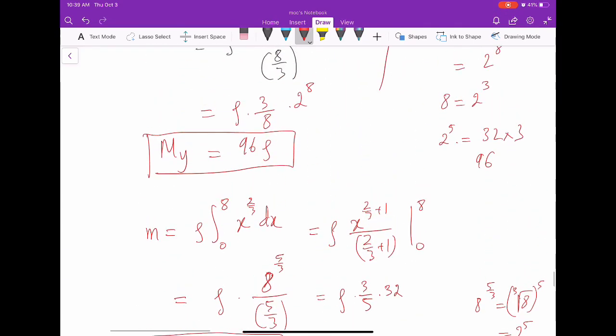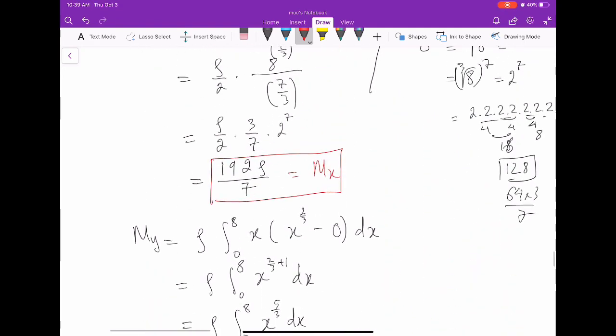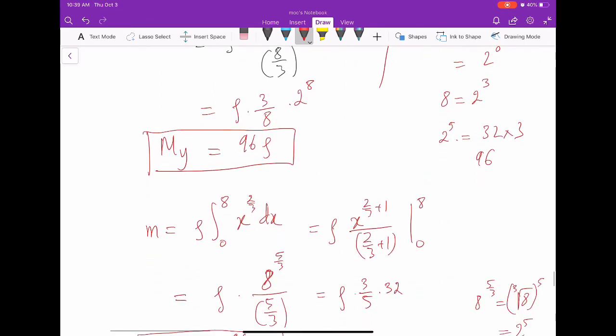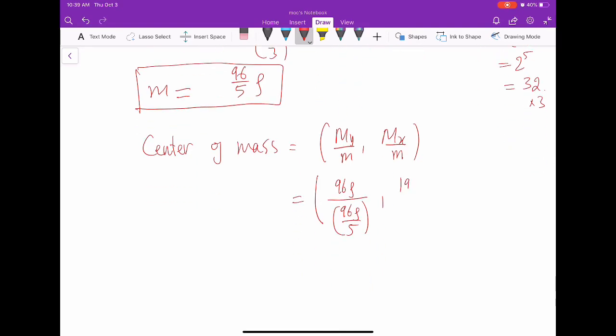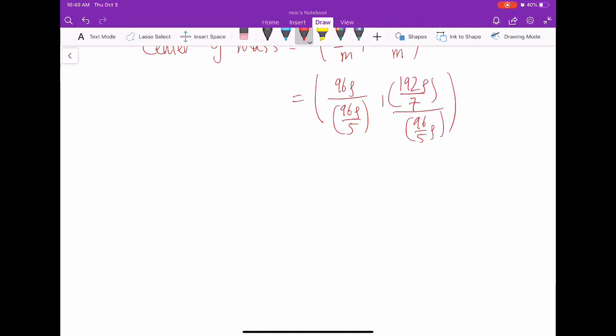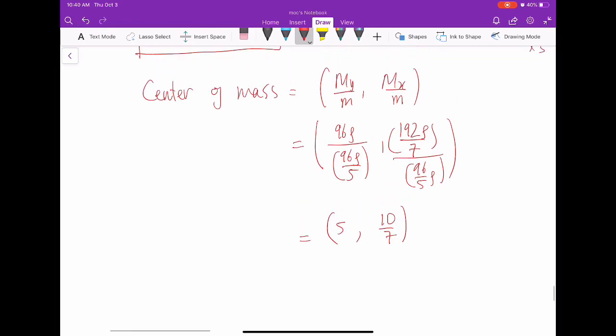And mx is 192 rho over 7, and then divide by 96 rho over 5, right? Not beautiful, but that's fine. So basically we can simplify them. We get 5 in here, and then rho cancels, and then 2 times 5, that is 10 over 7. So this is the center of mass.